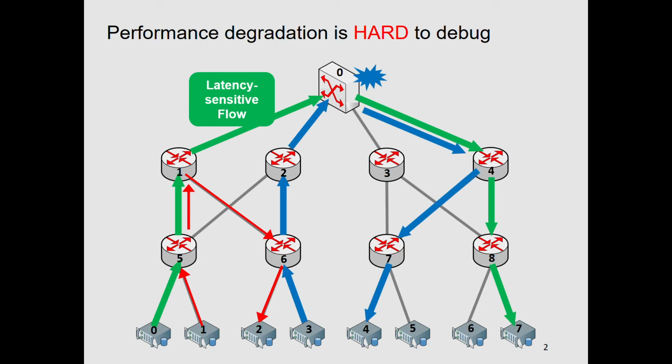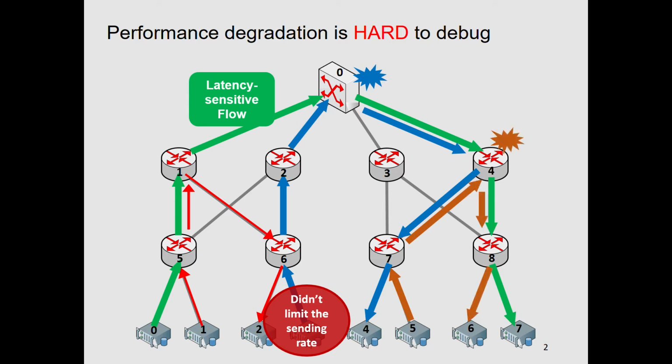But there is another latency insensitive flow without rate limiting, starting from server 3 and heading to server 4. This flow will generate contention at switch 0 with the green flow. And there is another brown flow which also contends with the green flow at switch 4 because it was sent to the wrong path.